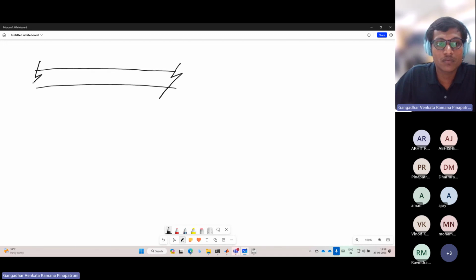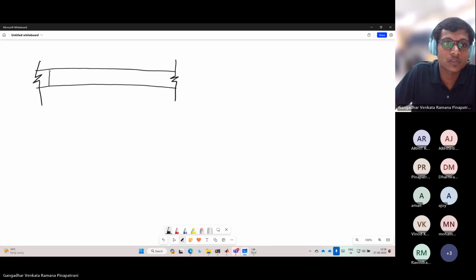Suppose we have a flow through a pipe like this. In this flow through a pipe, you have a flow region starting from this particular location. Assume this is our starting location, and after some time we will see the flow become a developing region, like it will start like this.